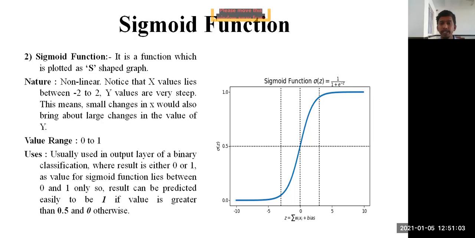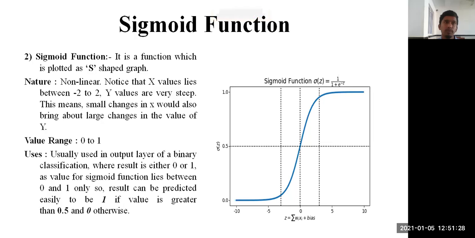The output of a sigmoid function ranges between 0 and 1. Previously, for the linear function, the values were between minus infinity to plus infinity. But for the sigmoid function, the value is between 0 to 1. If the output y obtained is above 0.5, it is considered as plus 1.